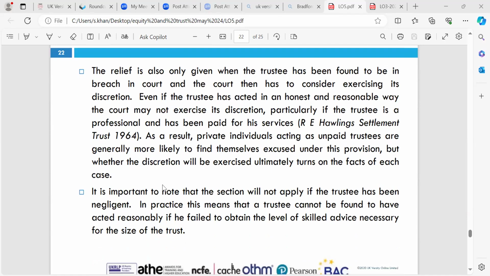The relief is given when the trustee has been found to be in breach of trust, and the court then has to consider exercising its discretion. Even if the trustee has acted in an honest and reasonable way, the court may not exercise its discretion, particularly if the trustee is a professional who has been paid for his service.